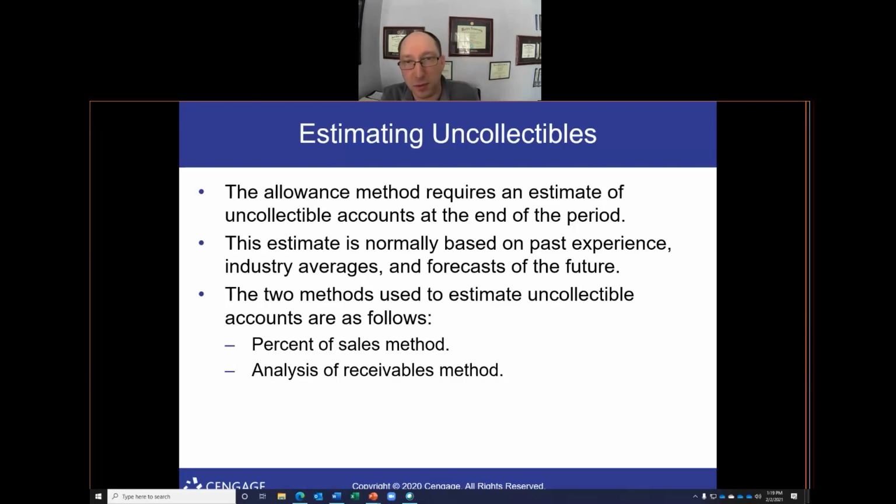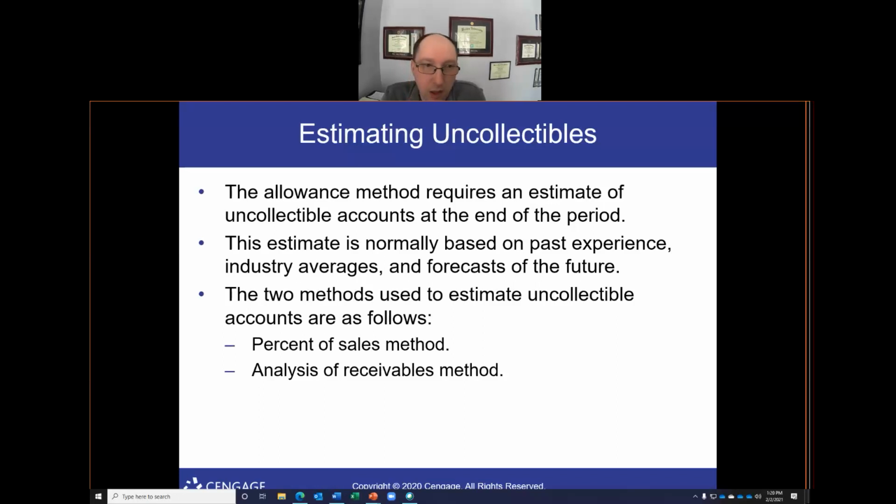Estimating uncollectibles. As I said earlier, there's a couple of ways of going about estimating your uncollectibles. I typically use a percentage of all of my accounts receivable, about 3%. How did I get 3%, you might ask? For my company, it's based off of the industry average.